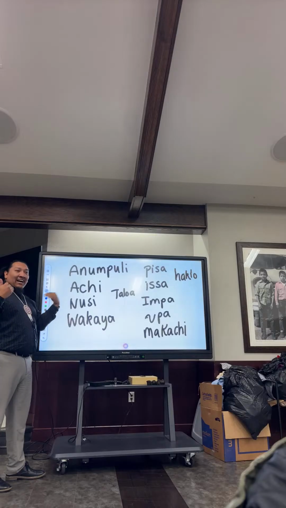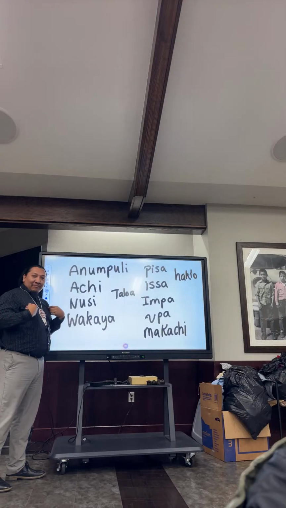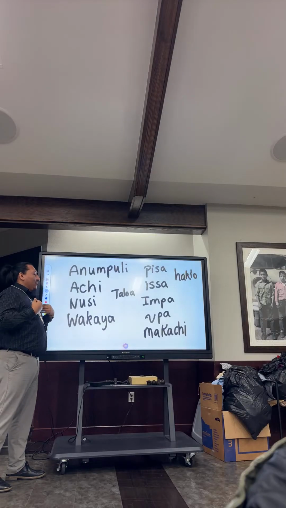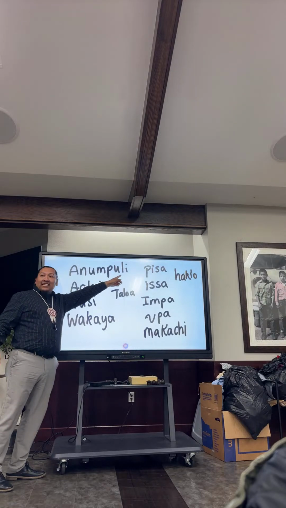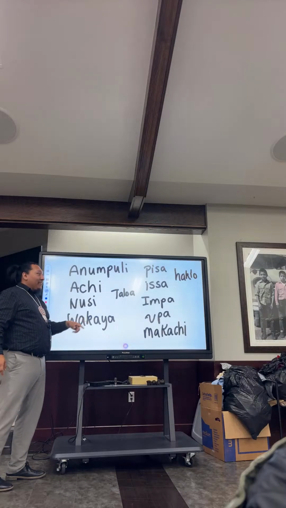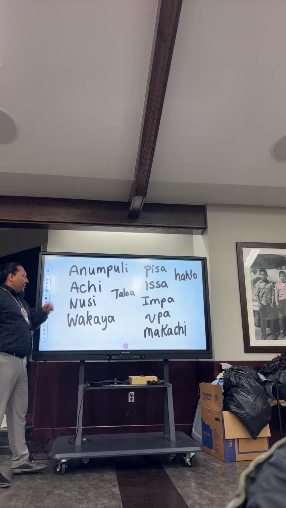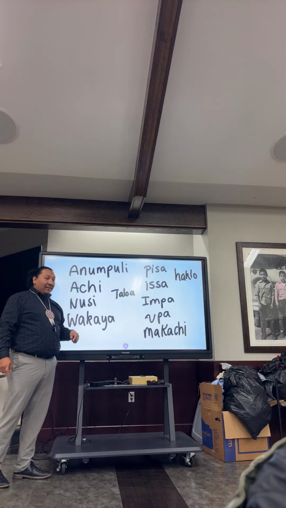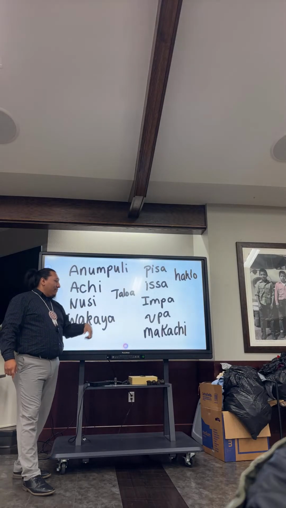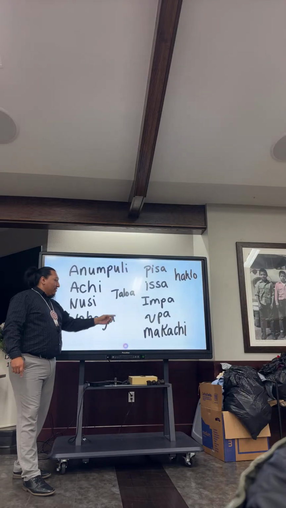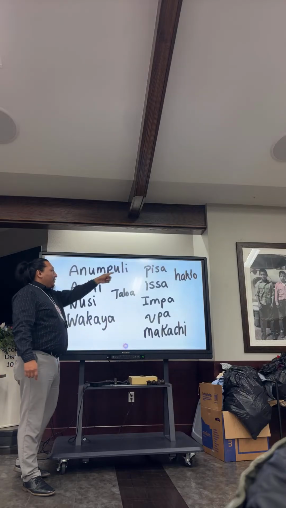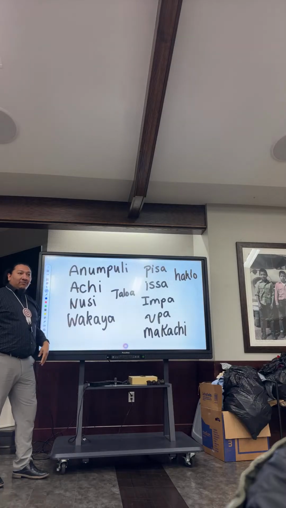And then when you say I, you say li, but it goes at the end. So anompali li. Remember, just because there's a li there doesn't mean that means I. So anompali li. So extra li. Achile, taloale, impale, apale, makachile, pisale, and so on and so forth.